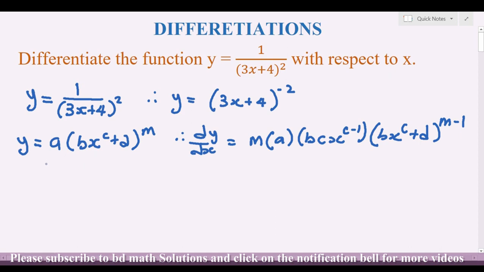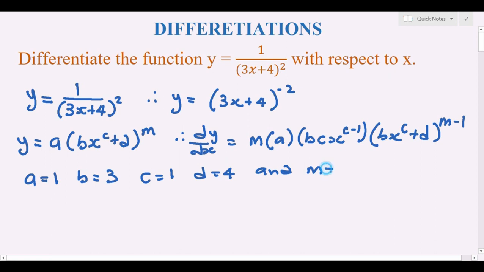So we start comparing values. A here is equal to 1, b is equal to 3, c is equal to 1, d is equal to 4, and m is equal to minus 2.